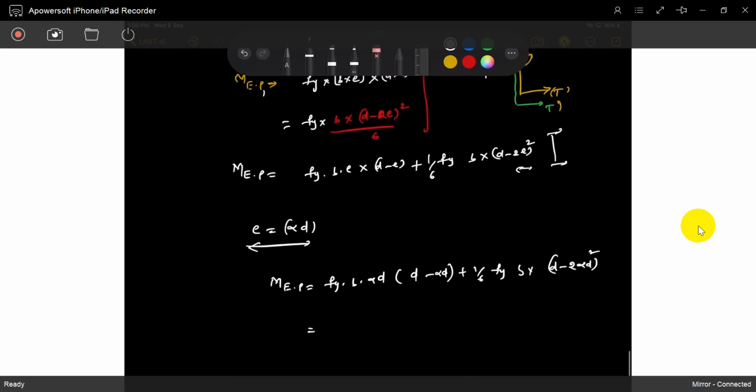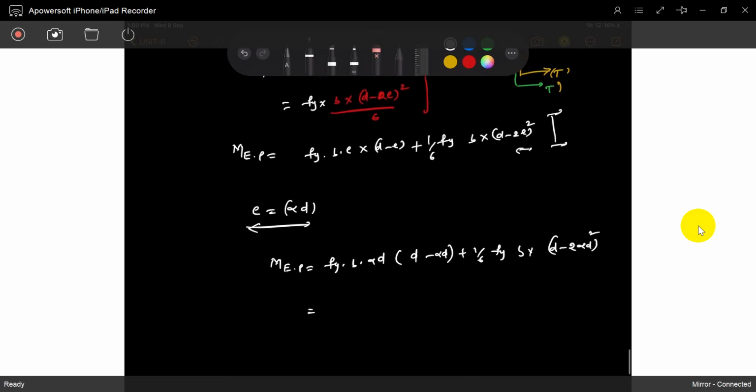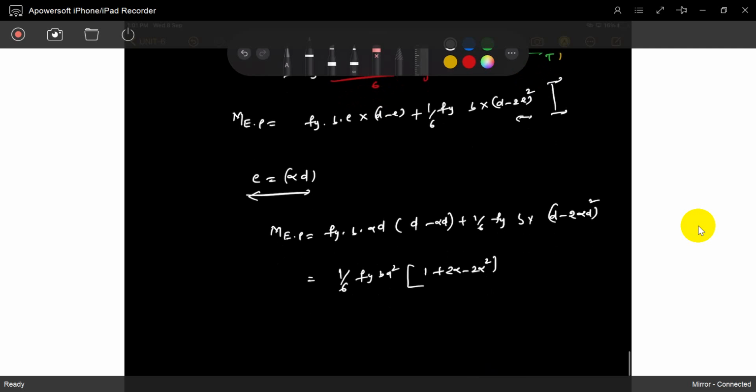If you simplify it, you will get 1 by 6 Fy B D square (1 plus 2 alpha square) added like this. Okay, that's it.